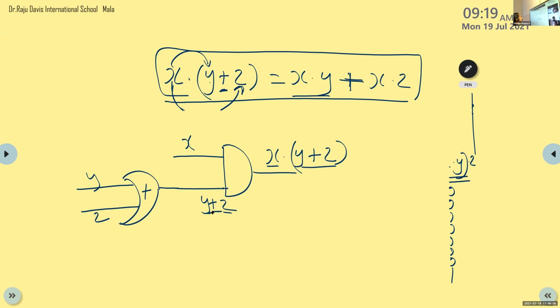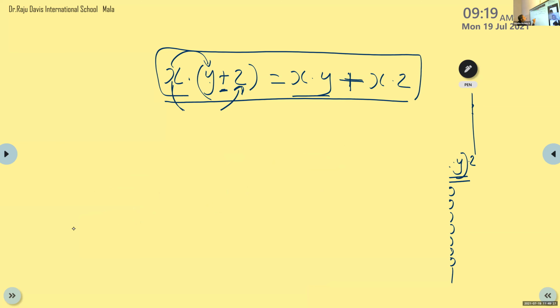Tom, what about the second part? Which one is the common operator? OR gate. Okay, then I will draw one OR gate.